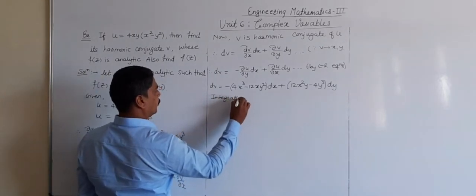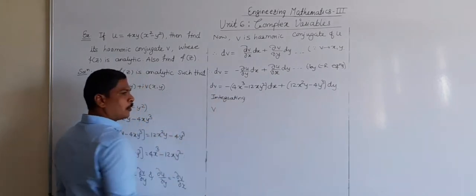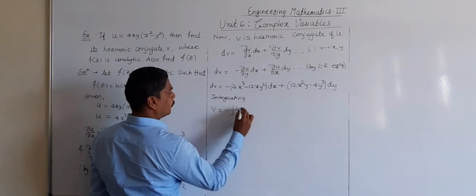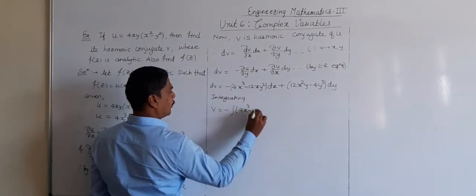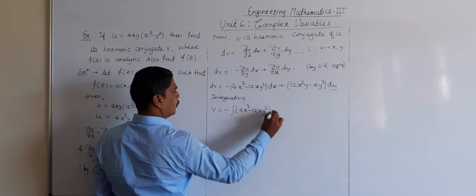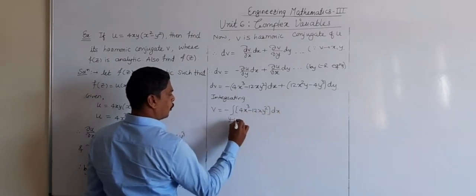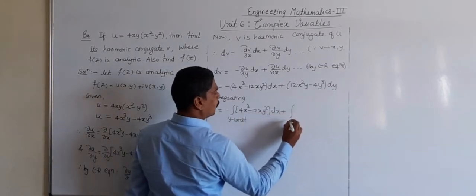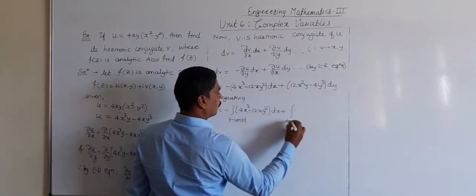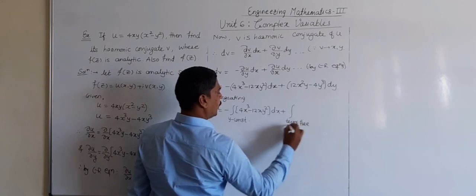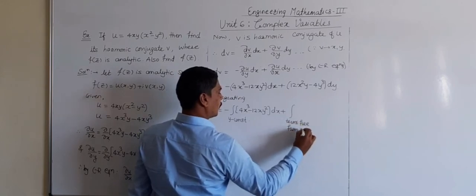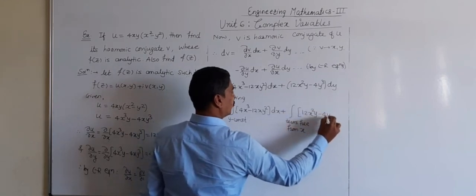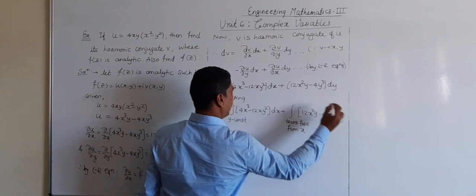Integrating, we get the integration of dv, v is equal to minus into the integration of 4x cube minus 12xy square dx, treating y constant, then plus the integration of terms free from x of 12x square y minus 4y cube into dy.